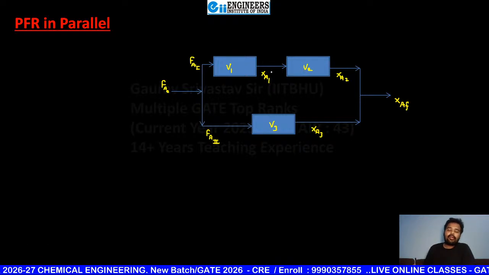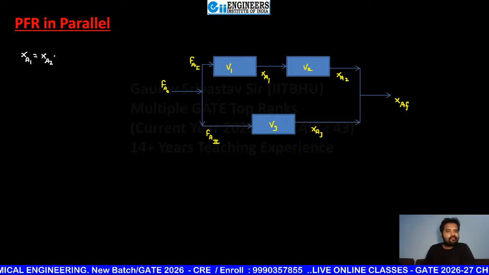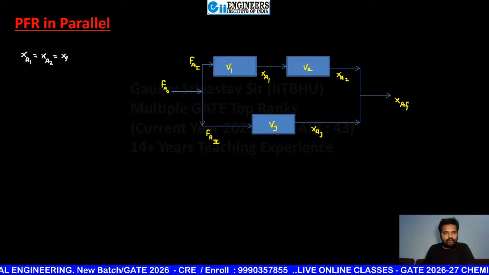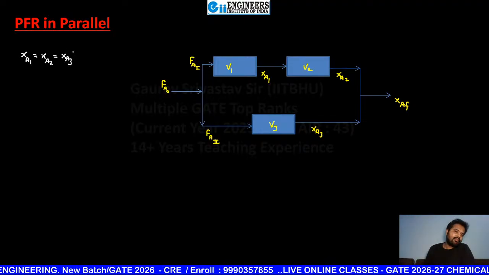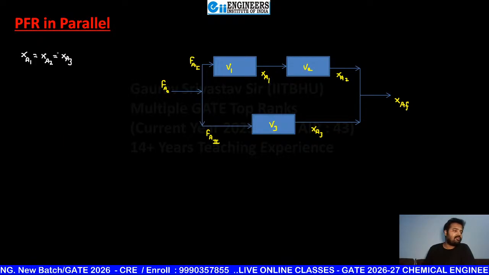Now, see, here, can you tell me, is it possible to make XA1 equal to XA2 equal to XA3? Please tell me, everyone. For any general case, is it possible?